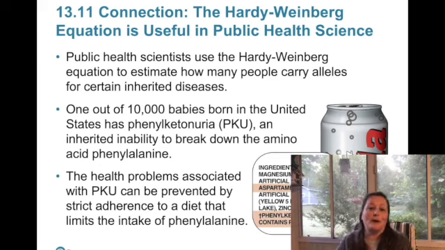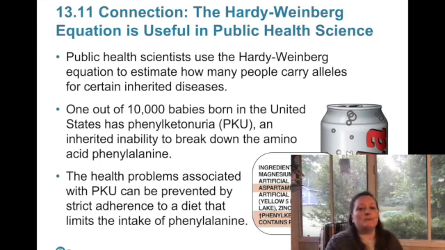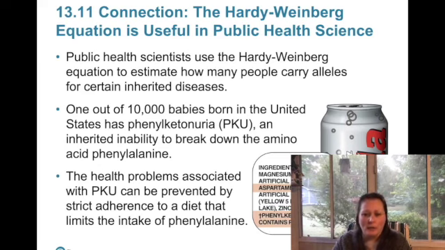But anyway, 1 out of 10,000 babies born in the United States has this particular disorder. I am just going to say PKU because look at that word. Anyway, this is an inherited inability to break down an amino acid, this particular amino acid.